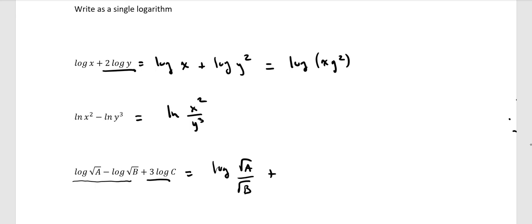This can be written plus log of c to the 3rd. And now, using property 2, this can be written log of square root A, c to the 3rd over square root b. And if you want to write those a to the 1/2, b to the 1/2, that's fine. If you want to write a over b all to the 1/2, that's fine too.